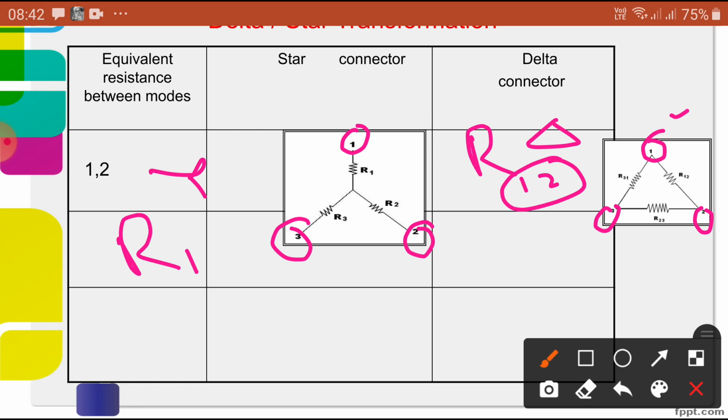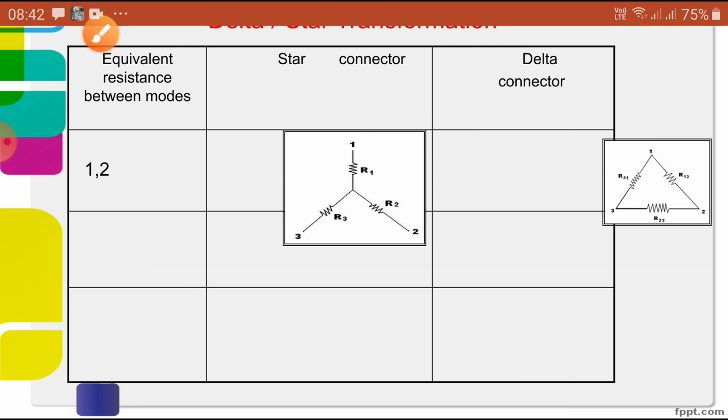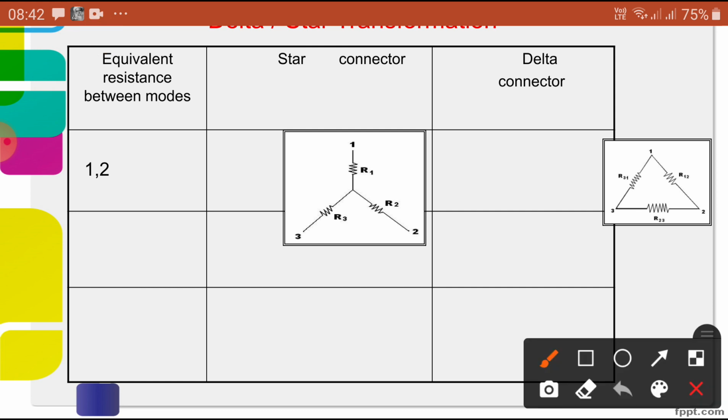Now for example, R1 and R2. So what will be the equivalent resistance between node 1 and node 2? Here a node is connected, and here a node is connected. This is the first terminal, this is the second.